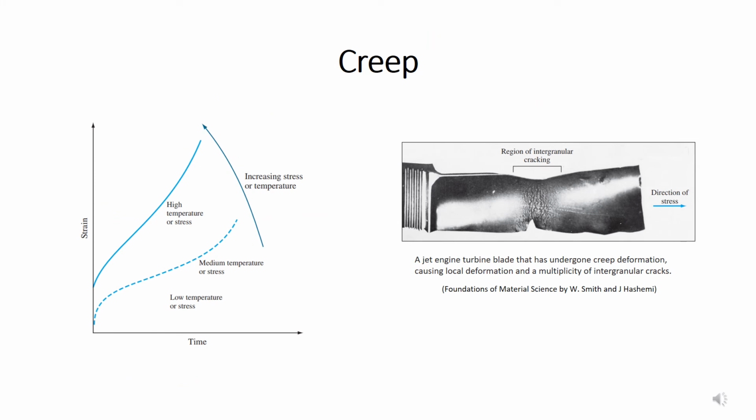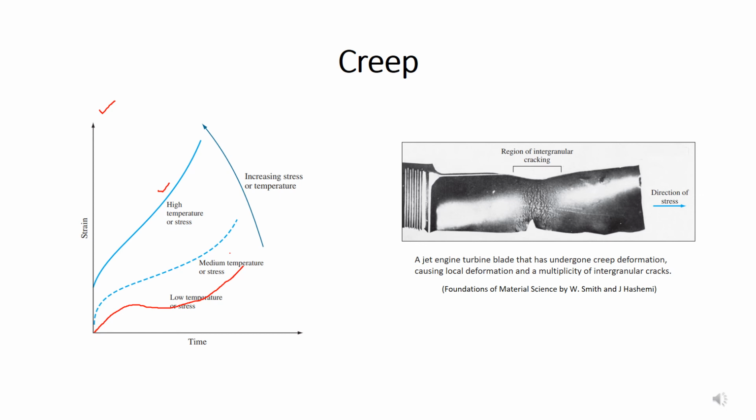So this diagram shows the creep curve. At low temperatures, the creep curve has a lower value. At medium temperatures, you can see the strain is somewhat higher in comparison to the low temperature creep curve, but at higher temperatures you can see that the strain is very large in a small amount of time.